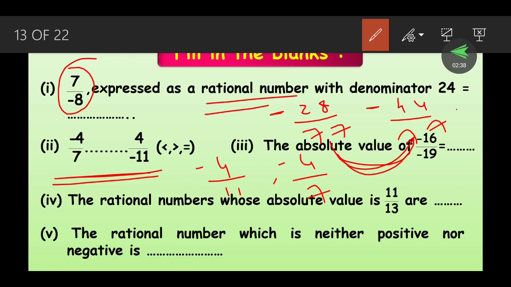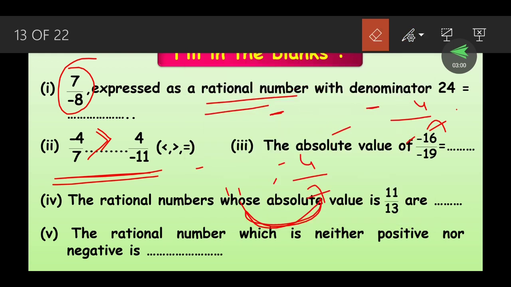Minus 28 and minus 44: the lesser value will have the greater value because of the minus sign. So we can write: the first fraction is greater than the second fraction. Like that we can make the denominator equal and compare the numerators.